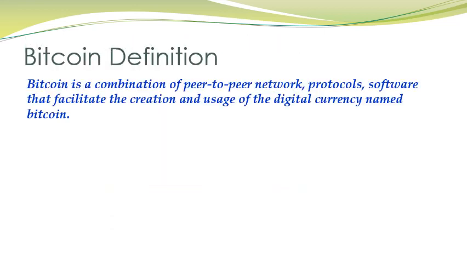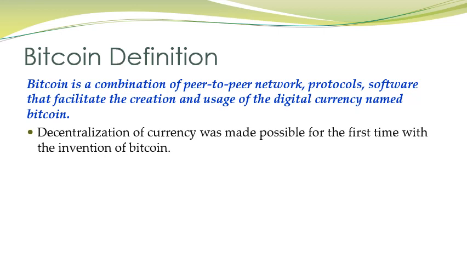So we have studied the Bitcoin definition. Bitcoin is a combination of peer-to-peer network protocol software that facilitates the creation and use of the digital currency named Bitcoin. We can exchange the digital currency, cryptocurrency, by using this Bitcoin network.